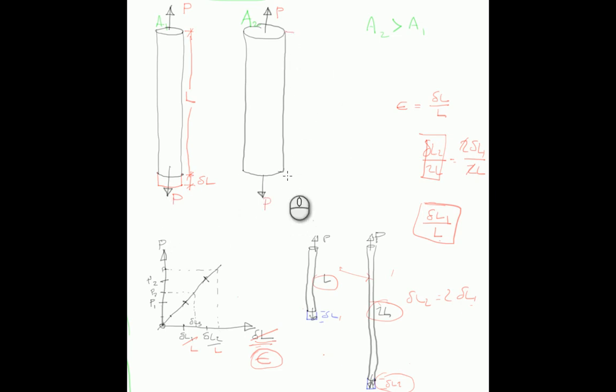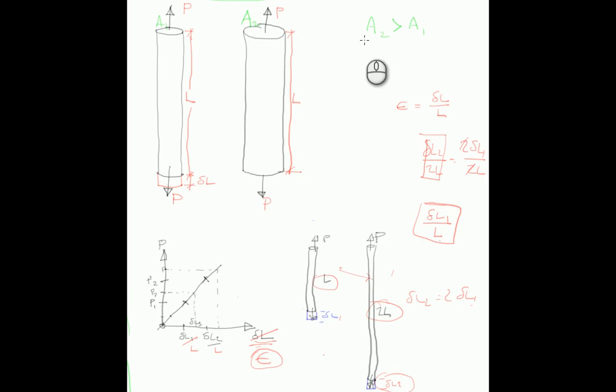And the original length of this sample is going to be still the same. So we're keeping everything the same. All we've changed this time is the fact that we've got a sample with a larger diameter.